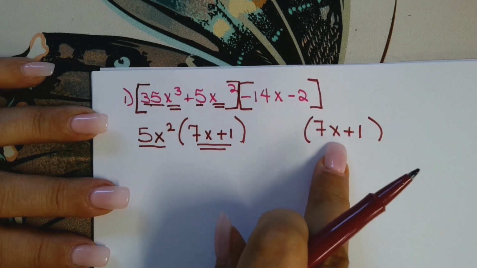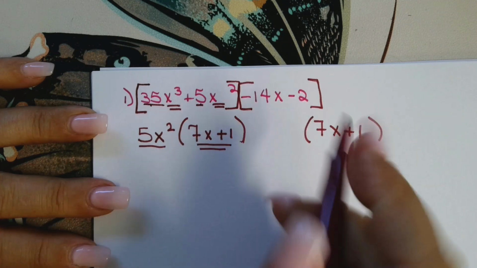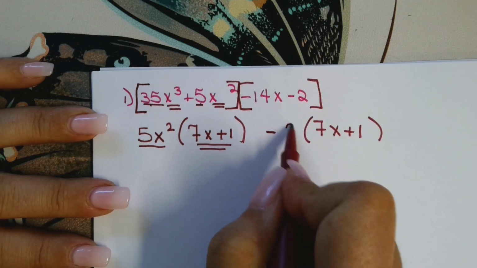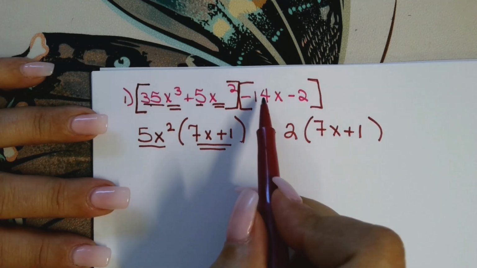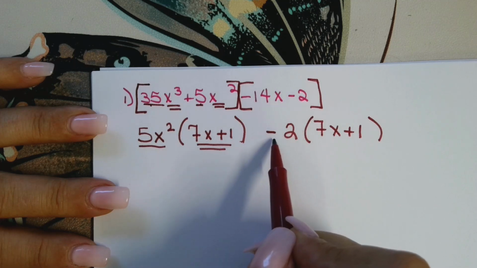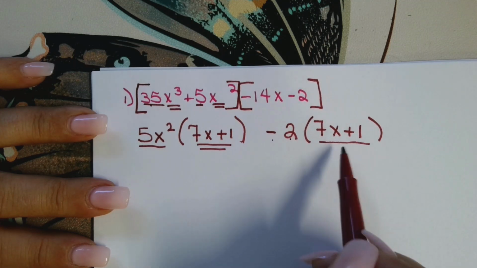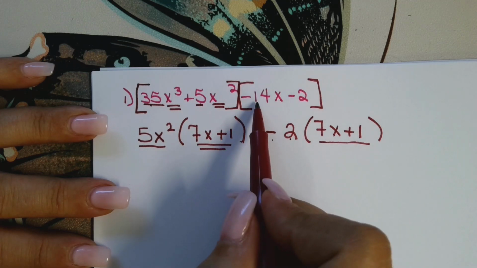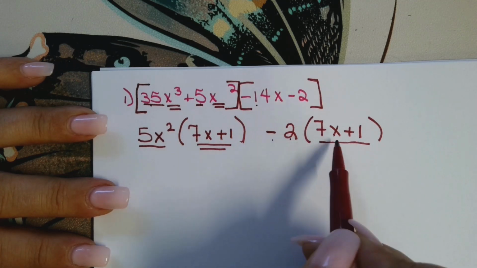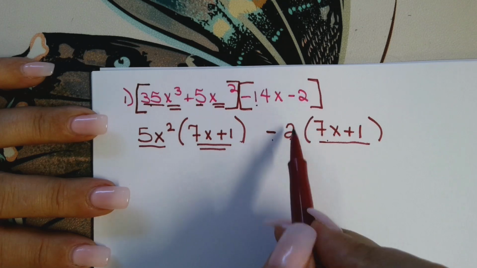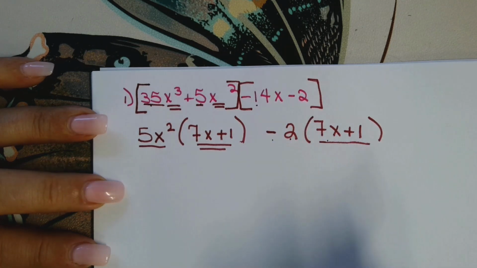So in order for that to happen, using these 2 numbers, we would have to pull out a negative 2. So the factor I'm pulling out of here is negative 2, and I'll also be left with 7x plus 1, because negative 14 divided by negative 2 is 7. Negative 2 divided by negative 2 is 1.